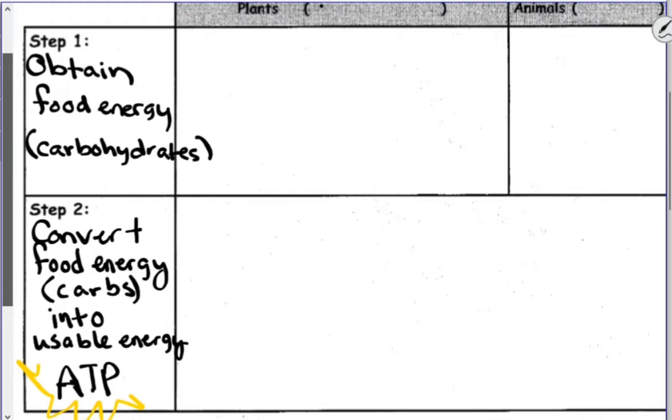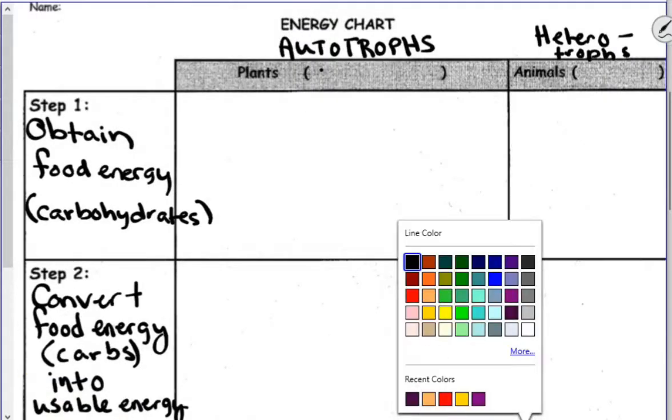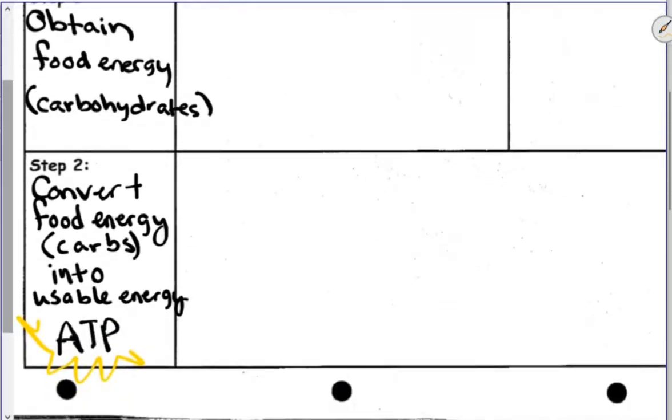And then I like to draw a little energy bubble around my ATP. It helps me remember what it is, okay, kind of like the kapow bubble in cartoons. I don't know why, but that makes me think of energy. And that's normally how it's written on your diagram.